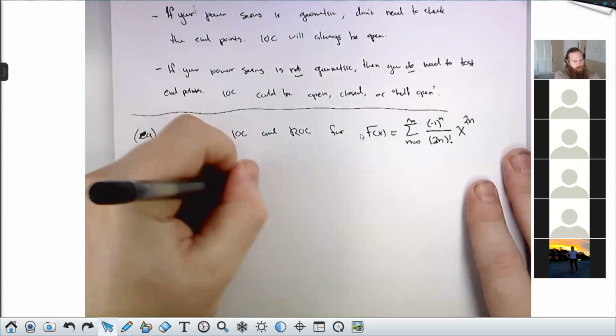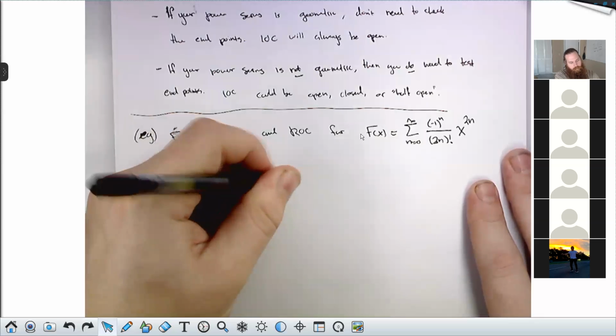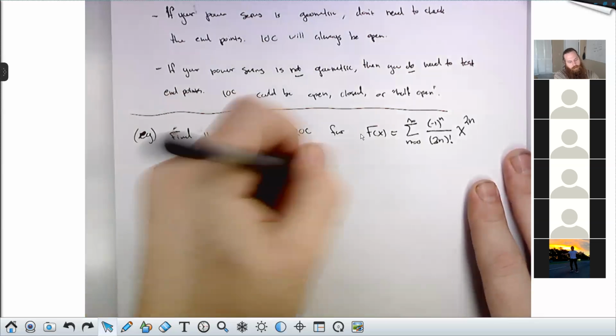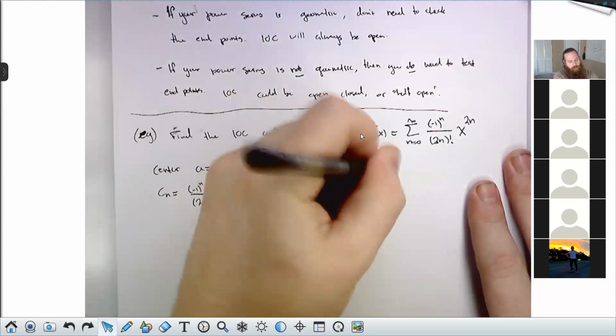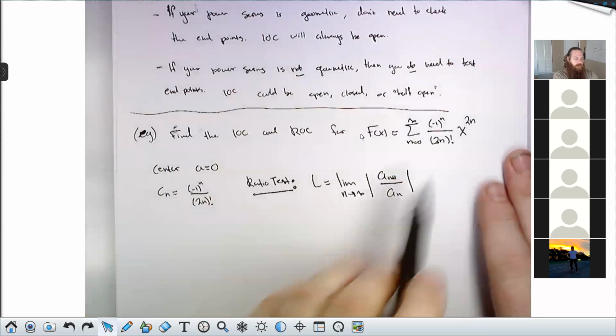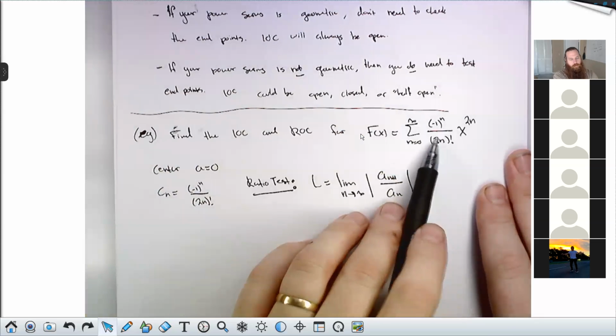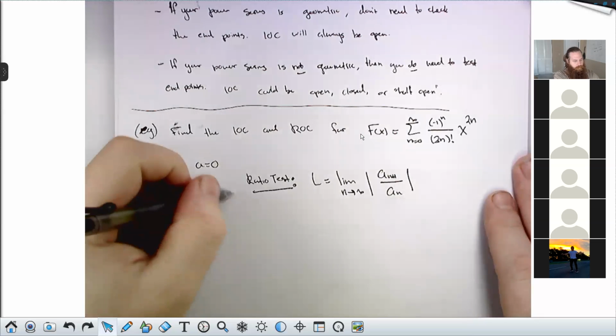So we're going to run the ratio test. L is the limit as n goes to infinity, absolute value an plus 1 over an. Definitely not geometric because of this factorial going on down here.